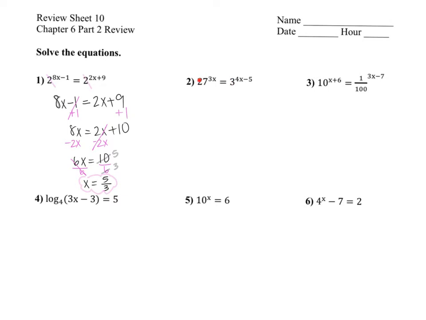So 27, I think that 3, if you multiply 3 times 3, you get 9, right? But if you multiply 3 3's together, 3 times 3 is 9, times another 3 is 27, and this works. So that means I can change this 27 into 3 to the 3rd power.